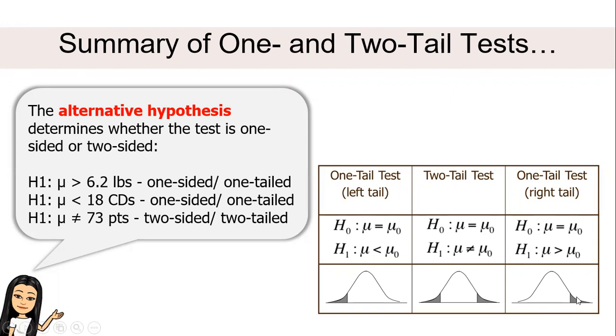That was for the first given. For the second given, we mentioned earlier that the population mean is less than 18 CDs. It's one-sided as well, because less than is only found on one side, and it's also one-tailed.